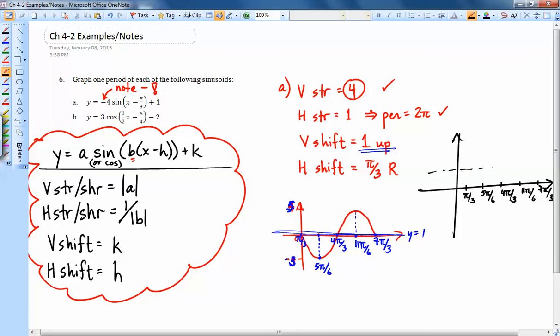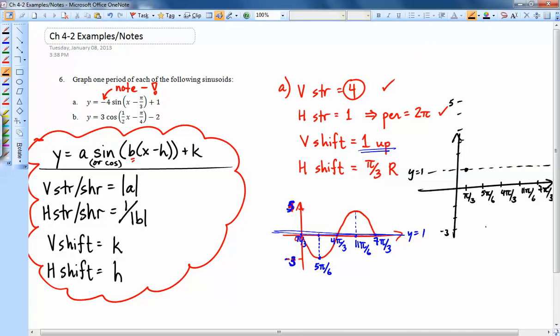Here's my y equals 1 line. I'm going to start right here. I'm going to go down to negative 3, so 1, 2, negative 3. I'm going to go up to 1, 2, 3, 4, 5.